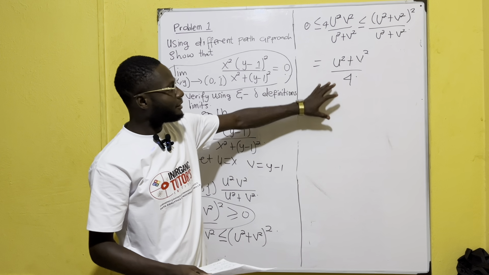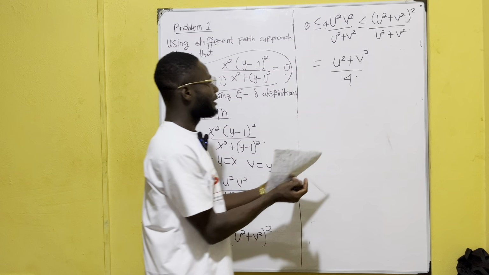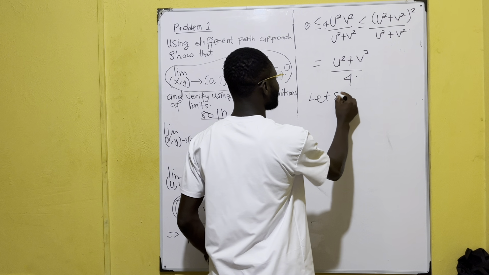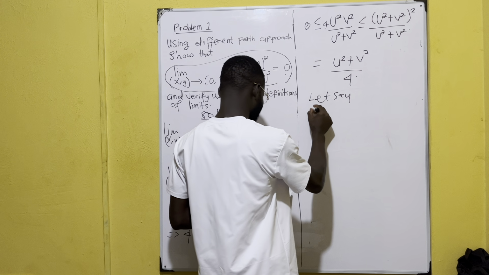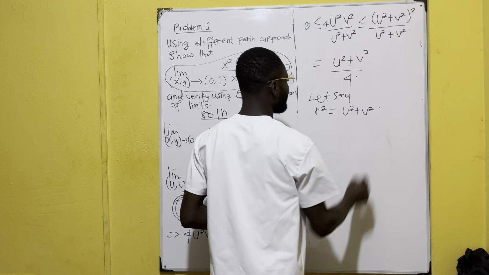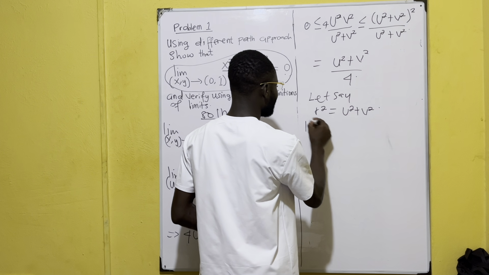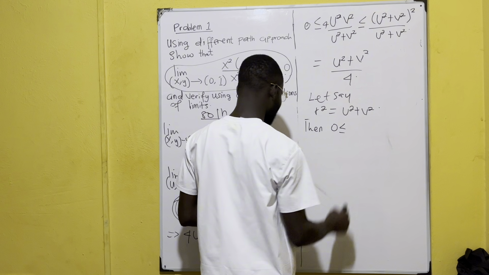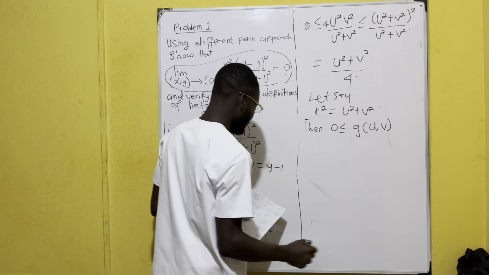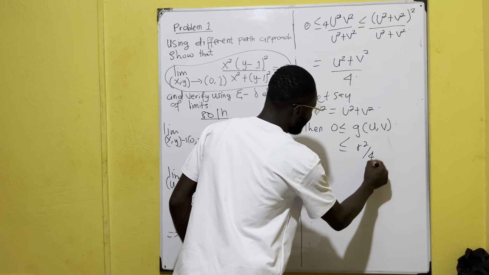Now, let's assume that r squared is equal to u squared plus v squared, right? Then we can say that 0 is less than or equal to j of u and v, which is less or equal to r squared over 4.